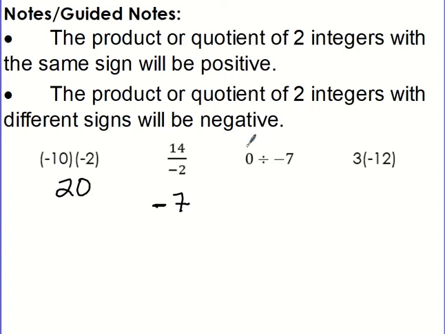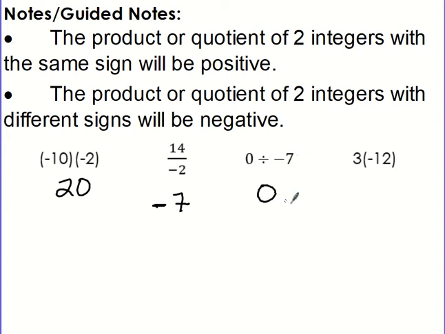Okay, this one's tricky. 0 divided by negative 7. If I have 0 things and I'm trying to divide it into 7 groups, how many are in each group? This one's a trick question. What do you think it is?